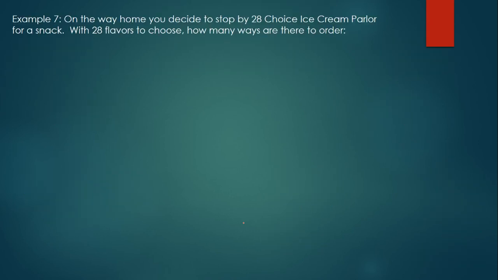Okay, so let's do an example. On the way home, you decide to stop at 28 Choice Ice Cream Parlor for a snack. With 28 flavors to choose from, how many ways are there to order a cone with 2 scoops? I actually asked the wrong question first.